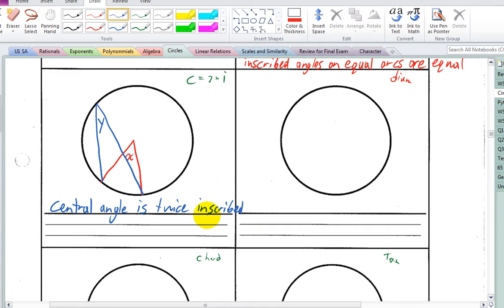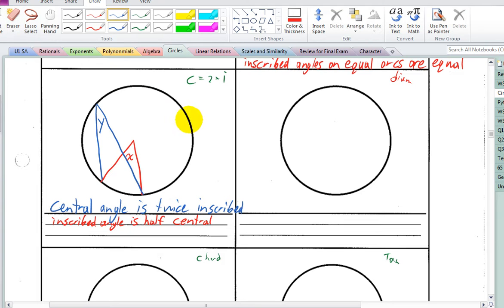Okay. And saying it the other way around, the inscribed angle is half the central angle. Okay. So Y equals X divided by 2.